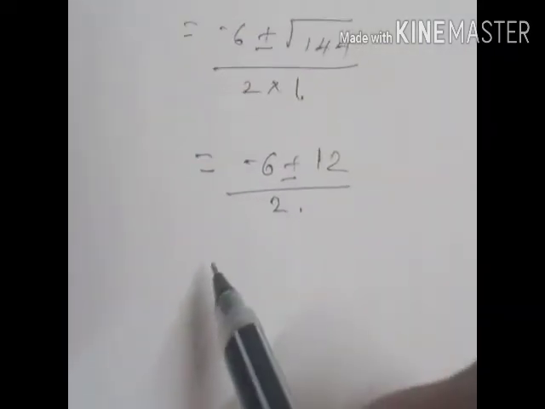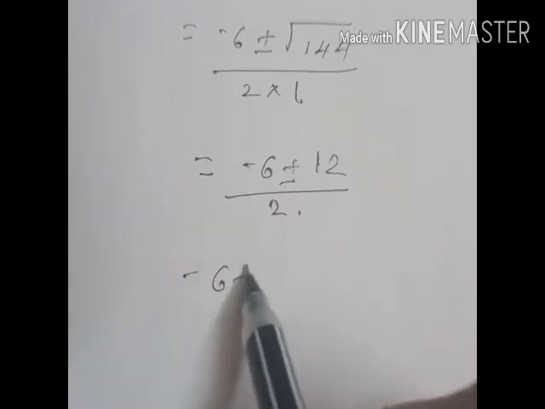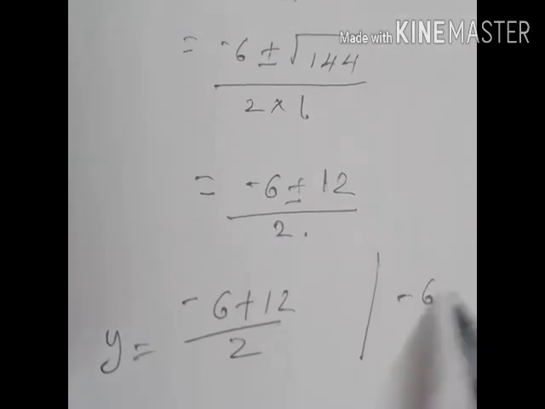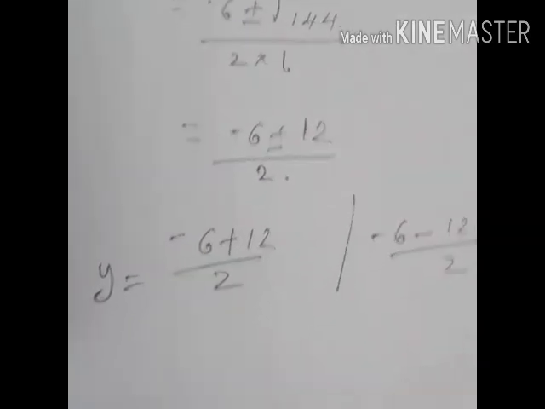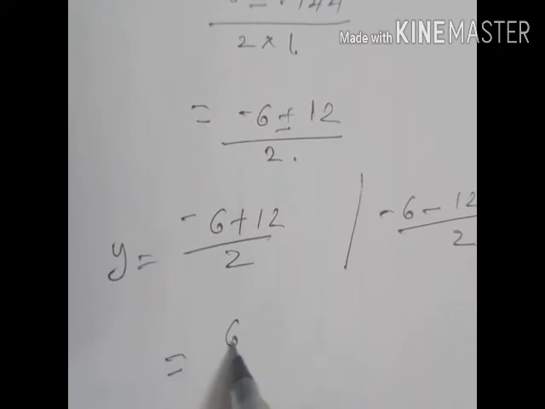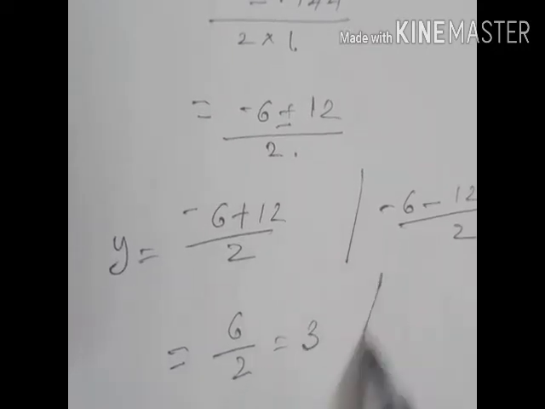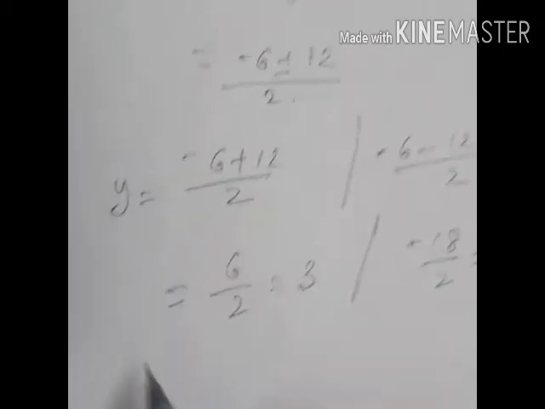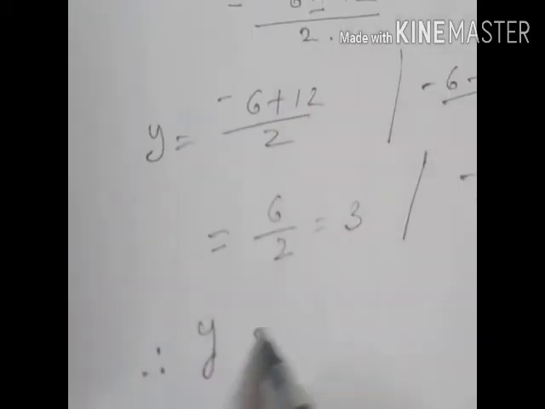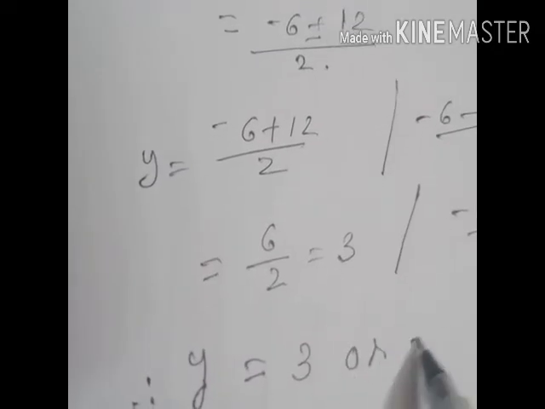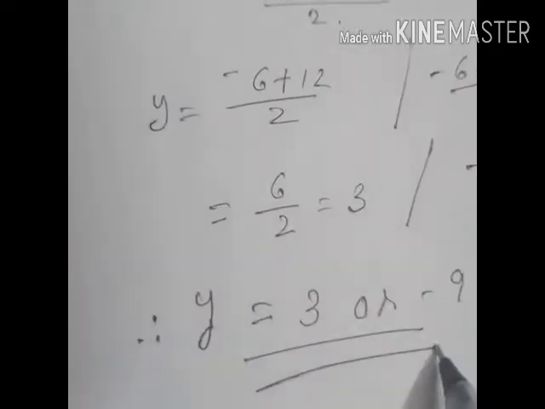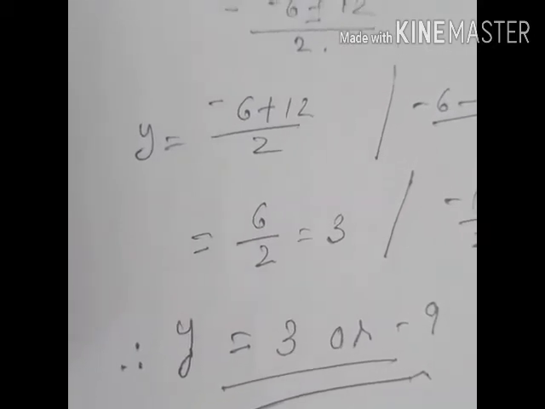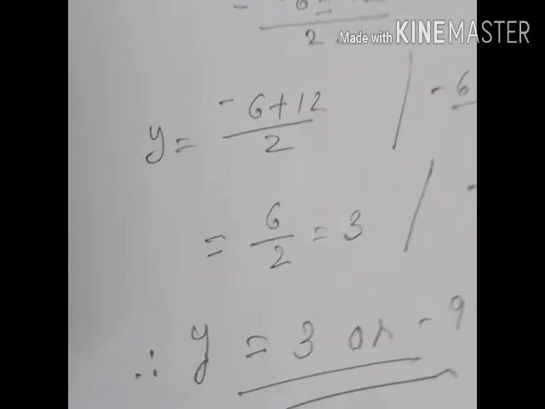Here we get two values: negative 6 plus 12 by 2, or negative 6 minus 12 by 2. This equals 6 by 2, which is 3, or negative 18 by 2, which is negative 9. Therefore, the value of y is 3 or negative 9.